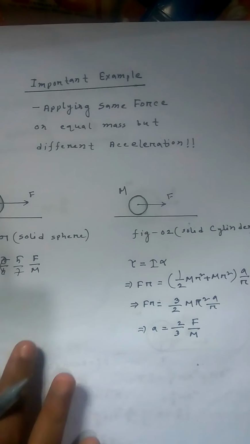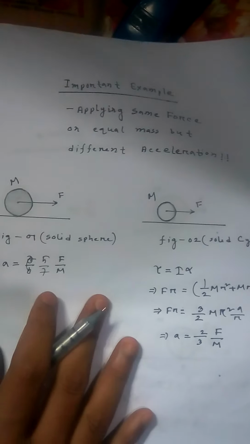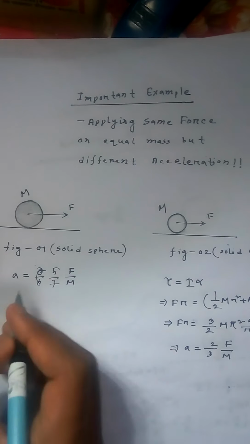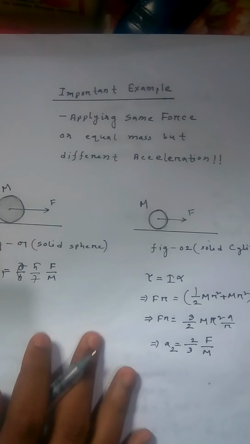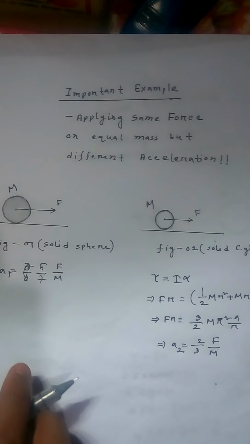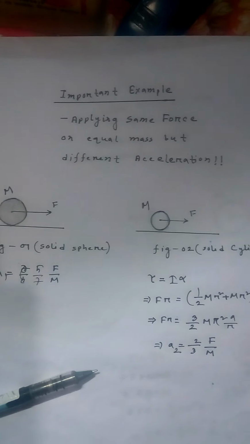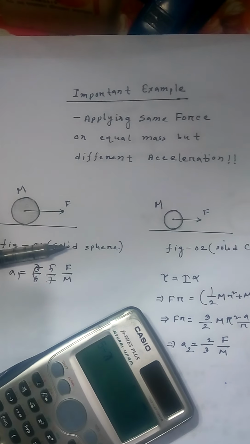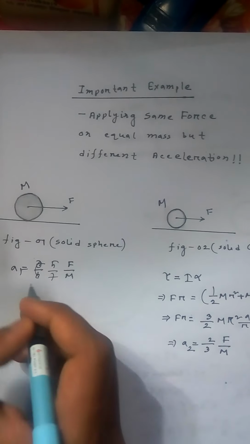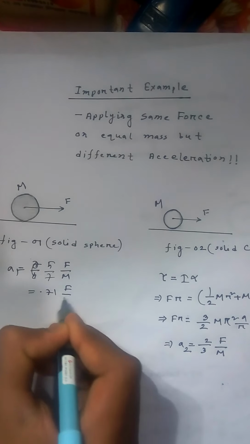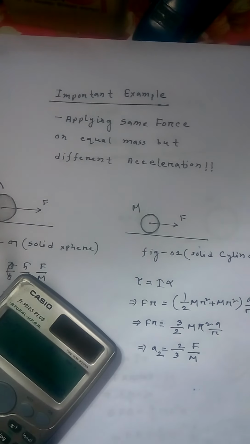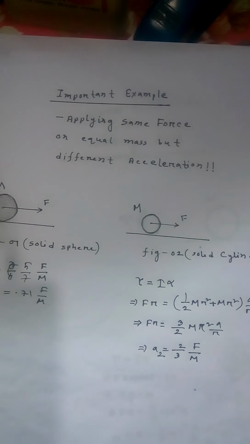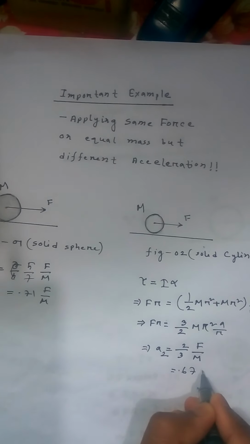Then what is the comparison between the acceleration of the solid sphere and the acceleration of a cylindrical body, a1 and a2? We can see that the acceleration is 5 by 7, which is 0.71 F by m, and 2 by 3, which is 0.67 F by m.